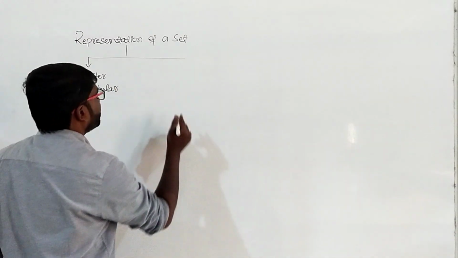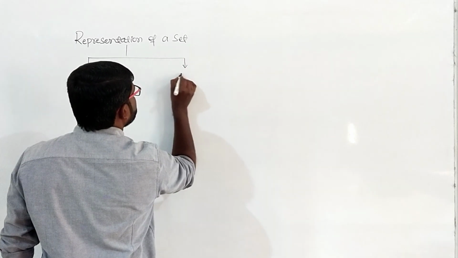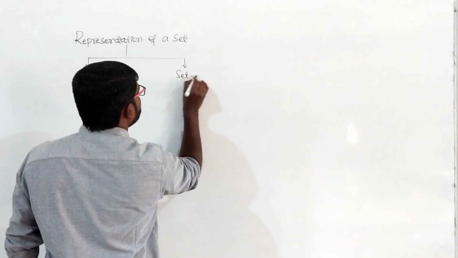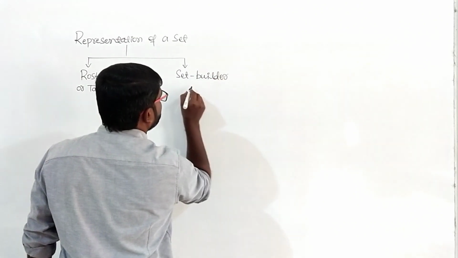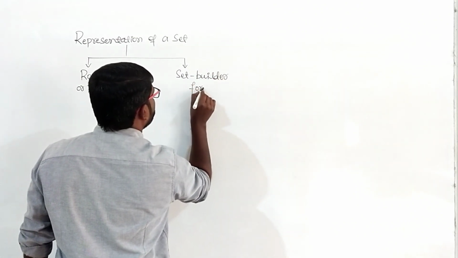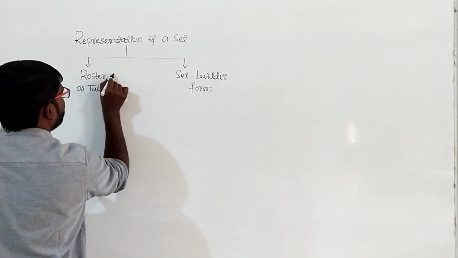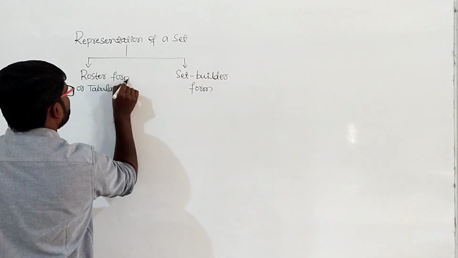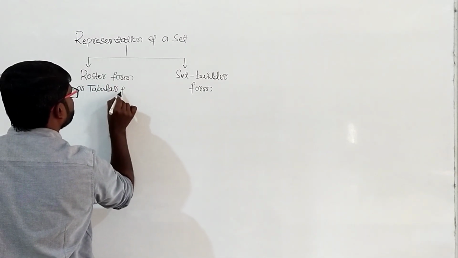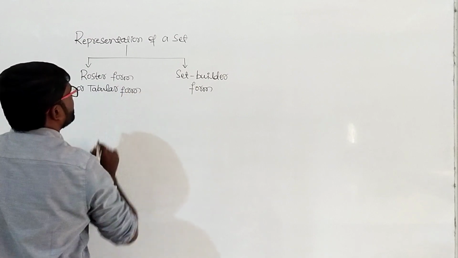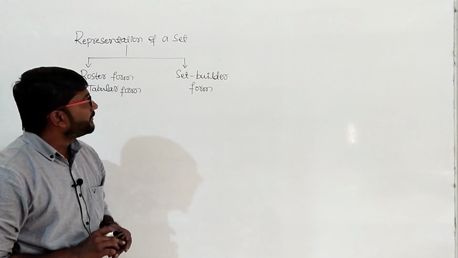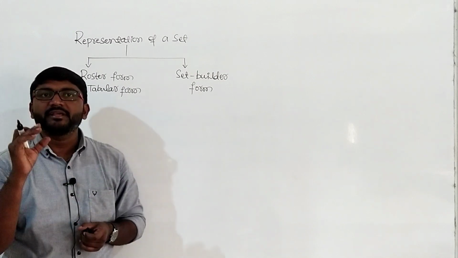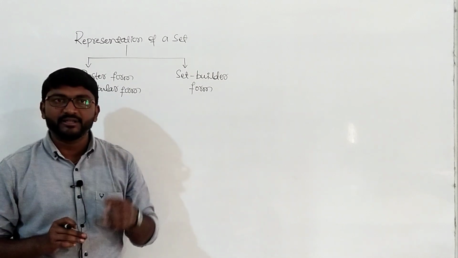The second one is the set builder form. So, roster form or tabular form, and the second one is the set builder form. Let us understand what is the meaning of roster form or the tabular form.